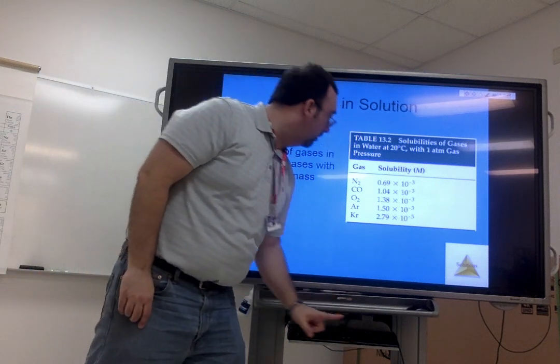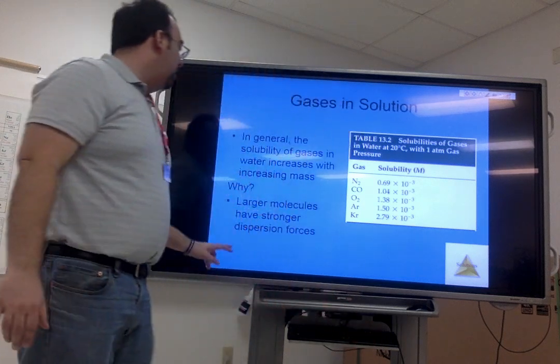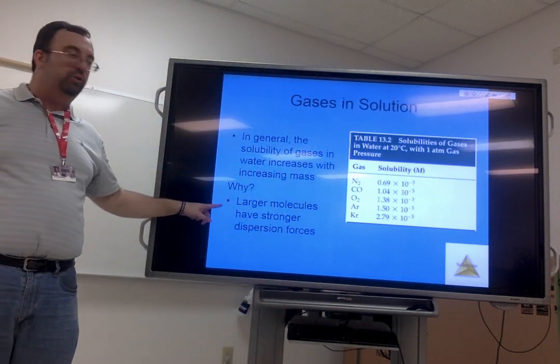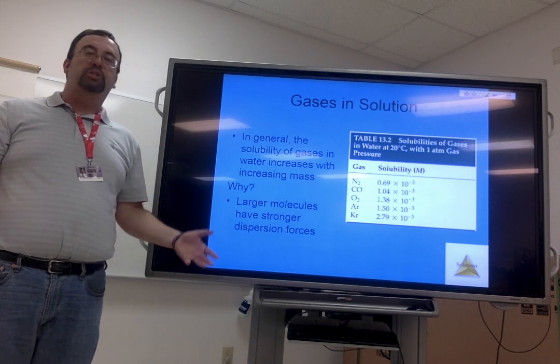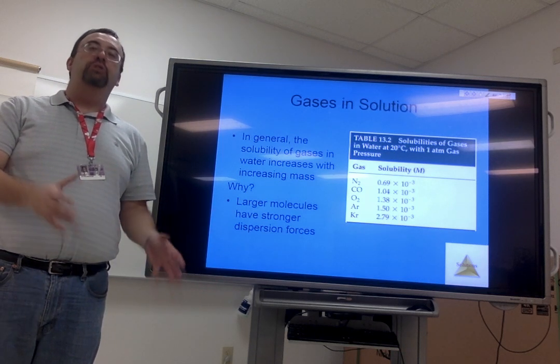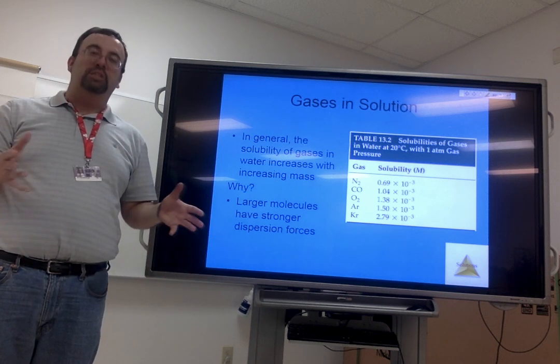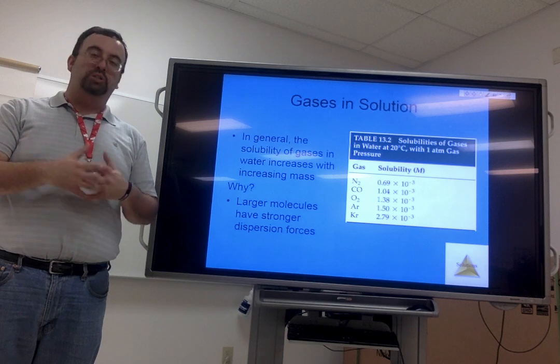Why is this then? It's because the larger molecules have stronger dispersion forces. And so, as we just said in the previous slide, the stronger the intermolecular forces, the more easily the solute and solvent will dissolve.